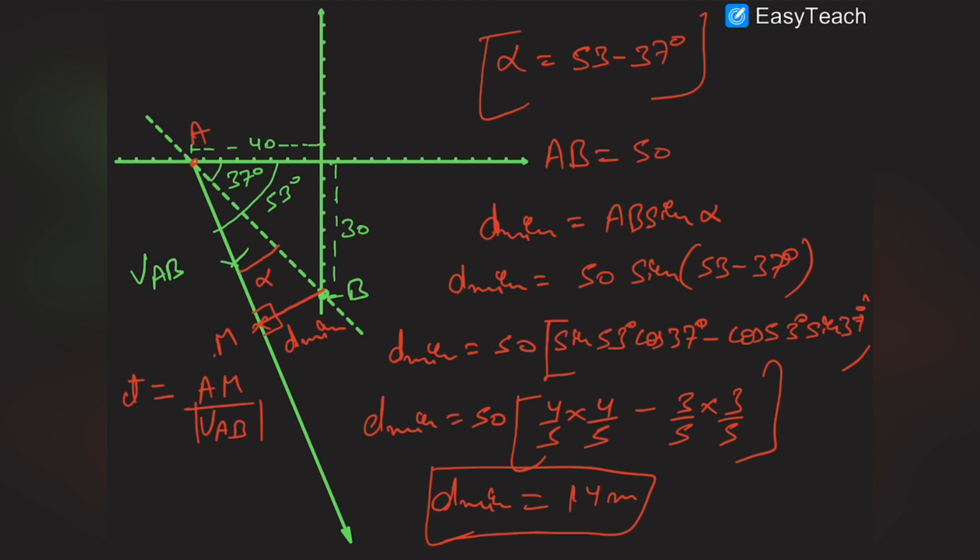The distance traveled by A is AM, and the speed of A with respect to B is VAB. So let us use another page. The distance AM is equal to 50 cos alpha, which is 50 into cos of 53 minus 37.